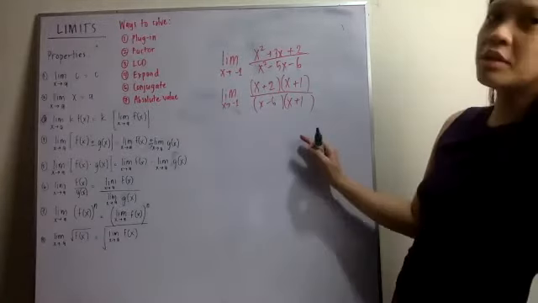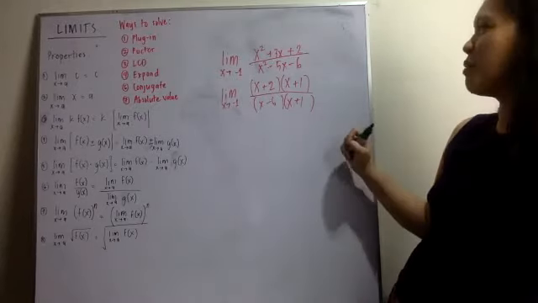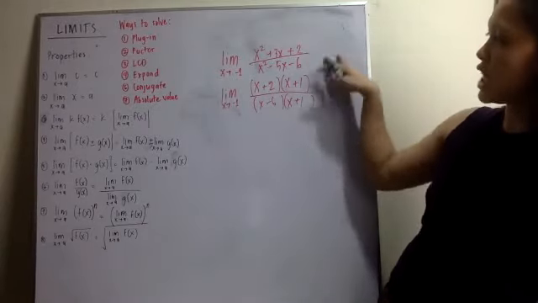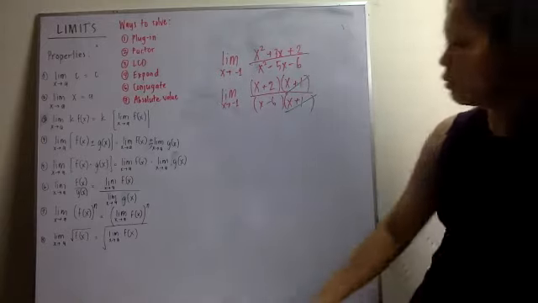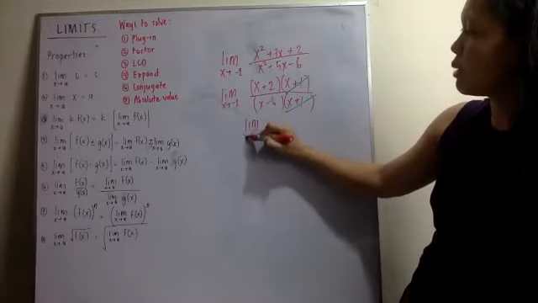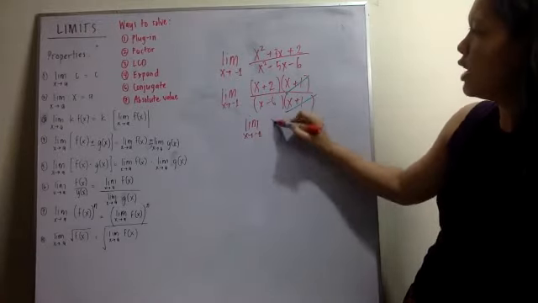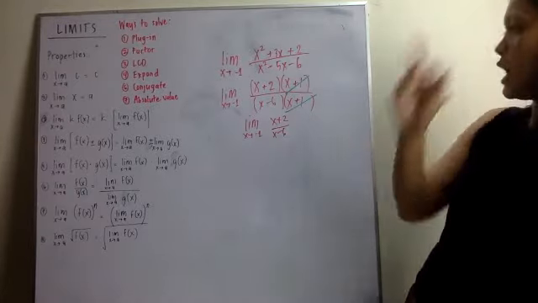Sometimes, one way to check if your factoring is correct is if you have something to cancel. If not, you need to check whether your factoring is correct. Here, these two cancel. What's left is the limit as x approaches negative 1 of x plus 2 over x minus 6. Okay? So we just plug in.